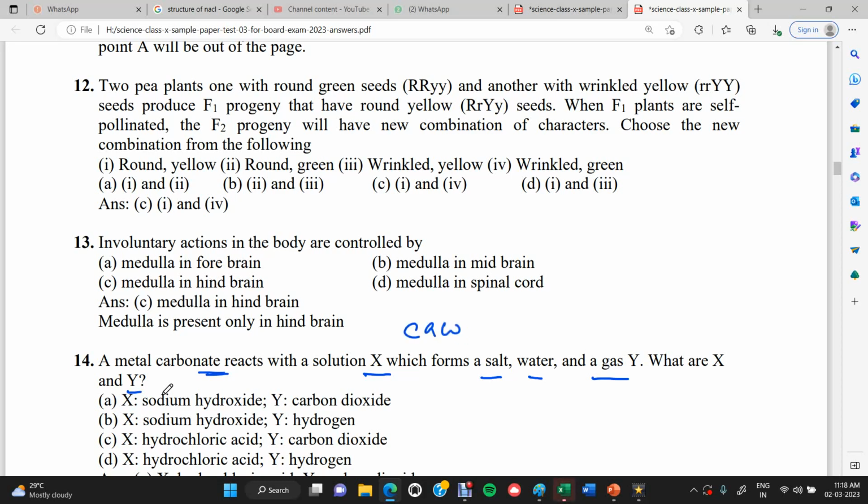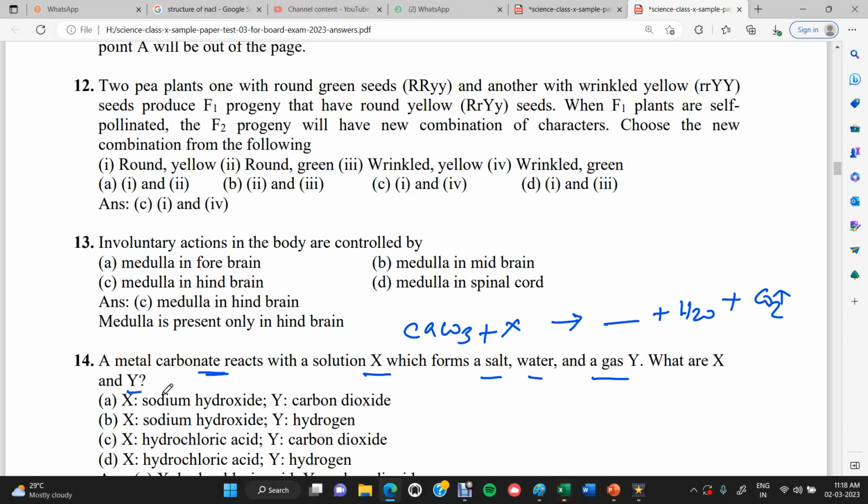It reacts with solution X and gives a salt, water and carbon dioxide, because being a carbonate, carbon dioxide can only come from here, right?